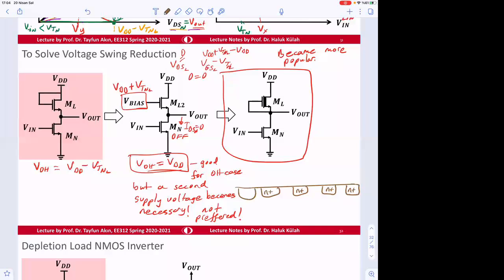Let's say this is substrate P plus. So instead of drawing this separately, the bias, it could be same bias. And then just do this and connect to ground and connect this to ground. So this is the MN, VN. And then this one is connected to here electrically. And this is the second transistor.